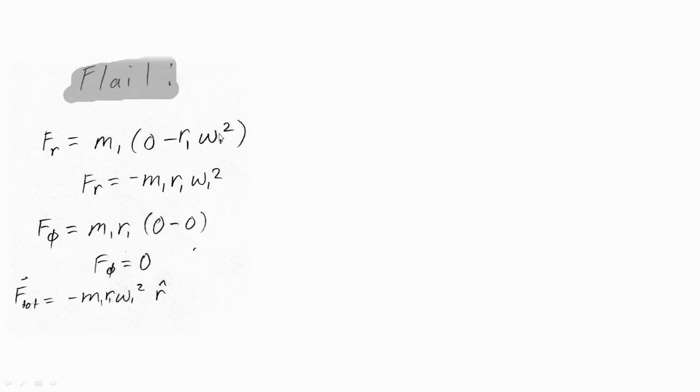So F in the radial direction equals negative m1 r1 omega 1 squared, and F in the phi direction turns out to be 0, because phi double dot is 0 and r dot is also 0. So the total force for the flail is negative m1 r1 omega 1 squared in the r hat direction.